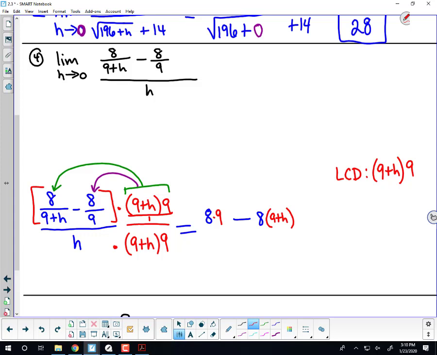Okay. And for the bottom, like we've always done, that thing that's approaching 0, that factor, that term, whatever, we're going to leave it alone. We're just going to leave the denominator as it is and say it's h times 9 times 9 plus h. Is everybody okay with what we've done? Are there any questions?